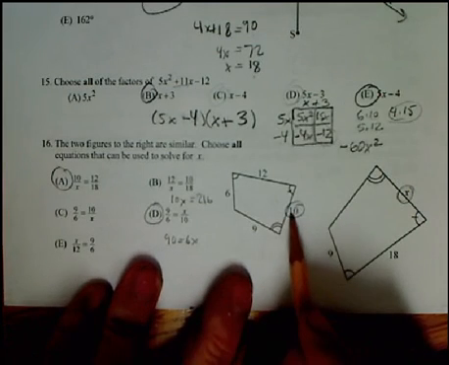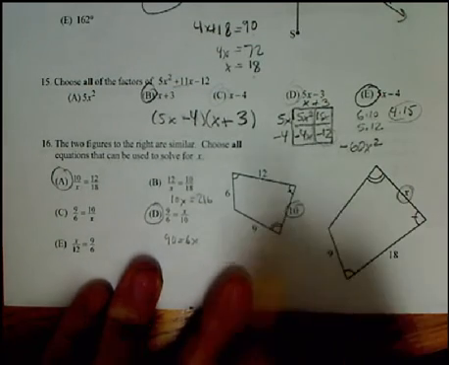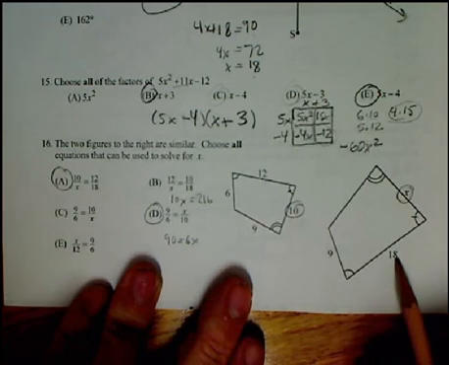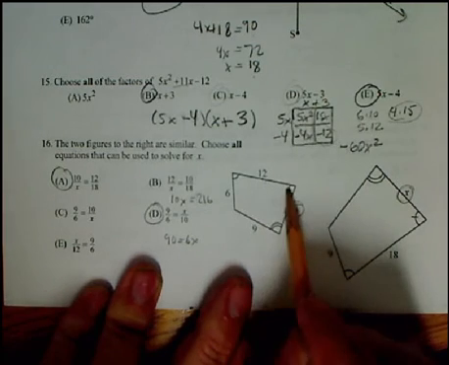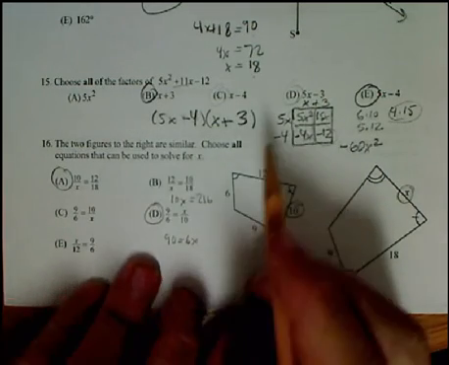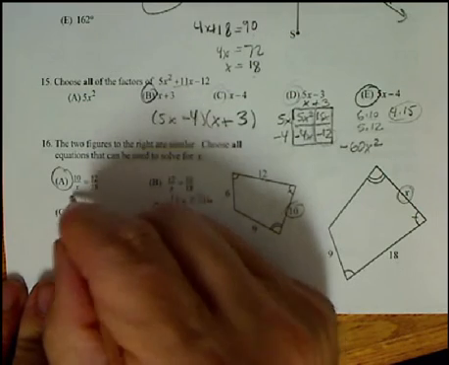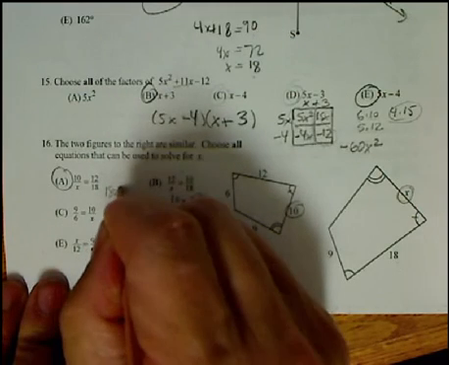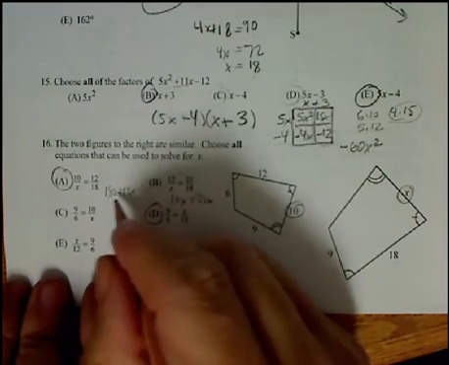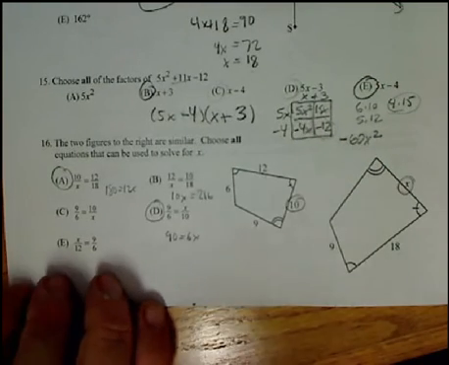So 10 is to x, that's what that first one was, as 12 is to 18. Well, I have a single and a dash, single and a dash. That one worked. Now you could also solve this by doing 180 is equal to 12x, and then see what the solution is so you can do comparisons. So if I actually solved it, I can actually see that x is going to be 15.